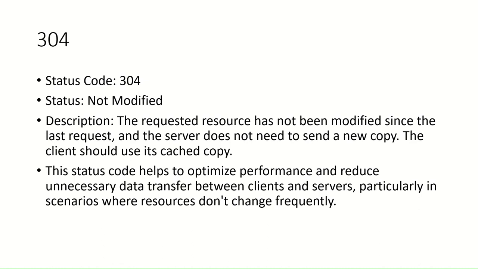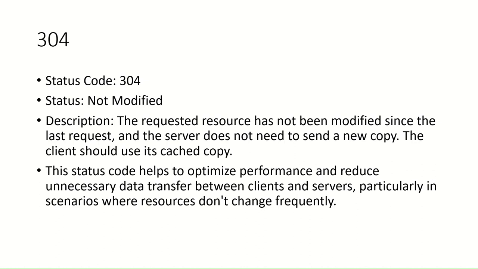Let's say the client is going to hit one API or URL, and the requested resource has not been modified since the last request. Last time, let's say the client hit that URL 3 days before, and the client is hitting it again today, but the response has not been modified in the last 3 days.